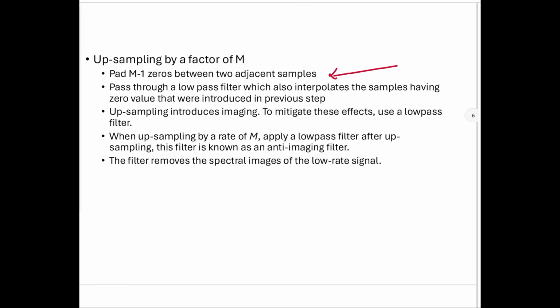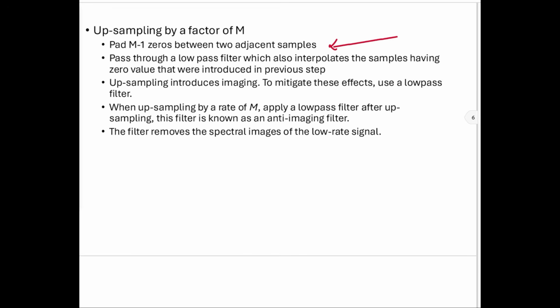We know that upsampling introduces imaging. To mitigate these effects, we have to use a low pass filter, which is also known as the anti-imaging filter. The cutoff frequency of the low pass filter depends on my signal frequency and also on the upsampling factor. To give a basic idea, let's say this is my actual signal, something like this.